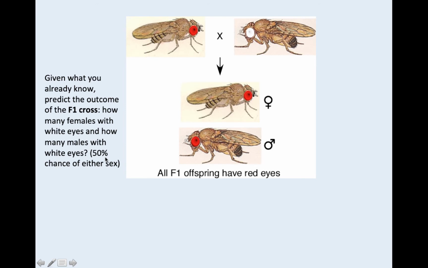Just remember that in sexual reproduction, where we've got two sexes, it's a 50% chance of having a male and having a female, so we would expect the same ratio. Pause the video, try and do the Punnett square of the F1 generation, these guys together, and see what you end up with.